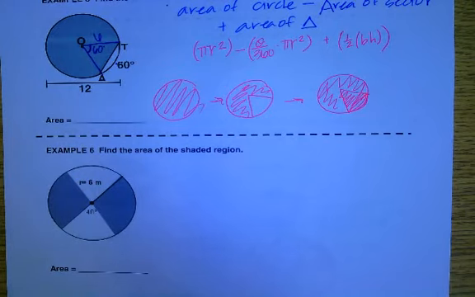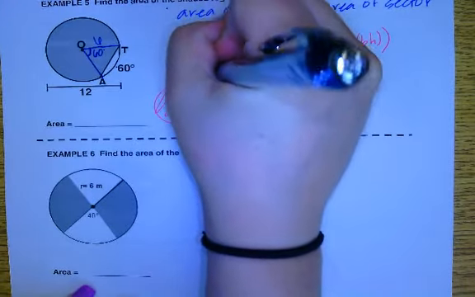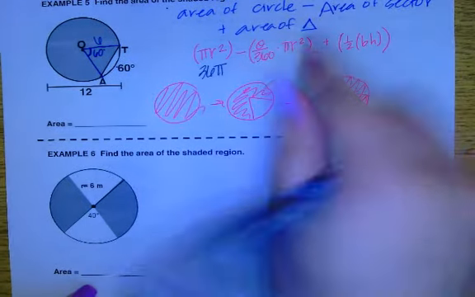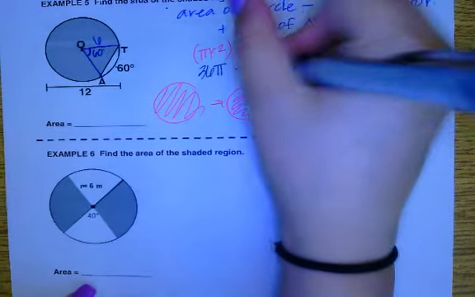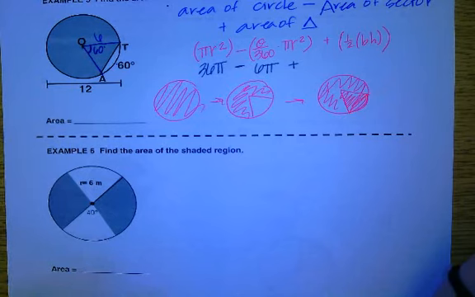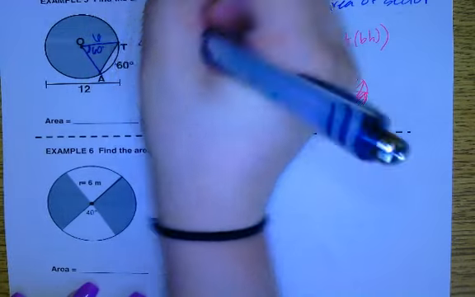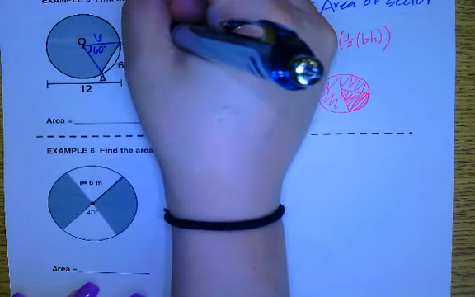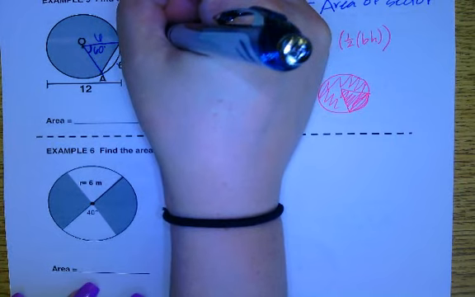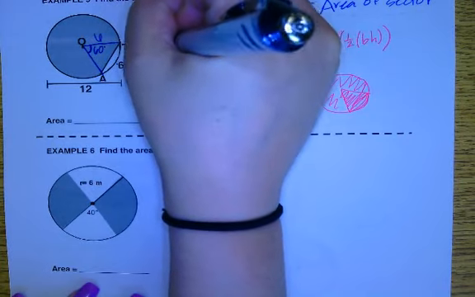What is the area of the circle? 36 pi, very good. What is the area of the sector? 6 pi. Okay, have we got to the triangle yet? What is the height of your triangle? 3 radical 3.